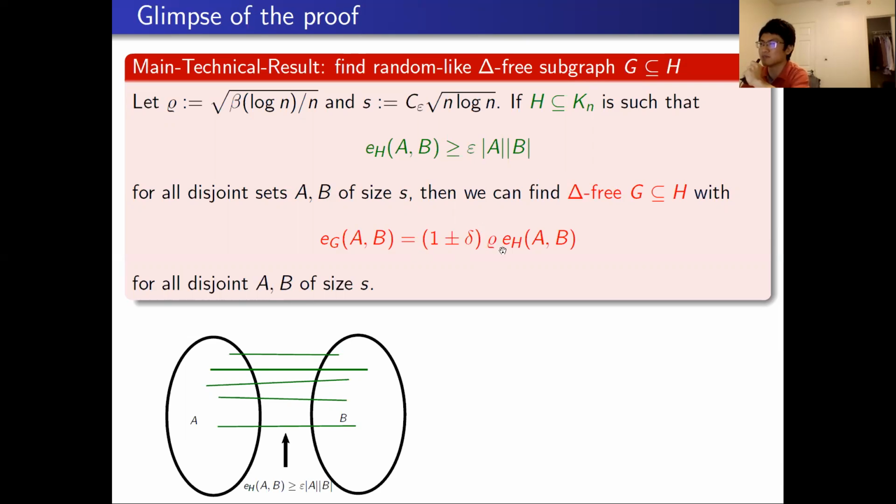And since this number is greater than 1, we know that the graph G has no large uneven side of size 2s, because for any two vertex sets of size s, you can divide it into two parts so that there is at least one edge between them. So there is no large uneven side.